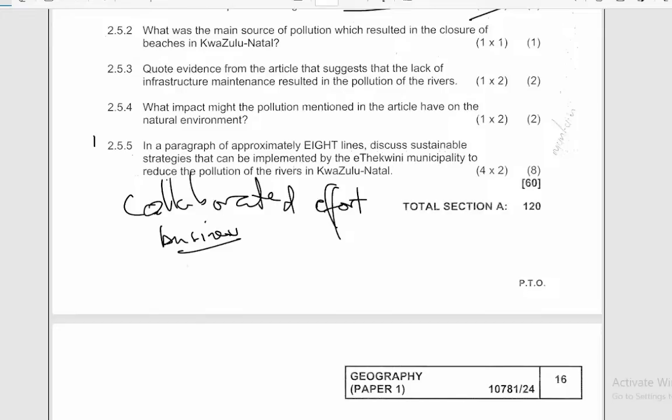So we need collaborative effort. The municipality should try to work with other stakeholders concerned, so that there is one voice towards restoring the water resources which are damaged. Then we can also talk of restoring natural habitats.